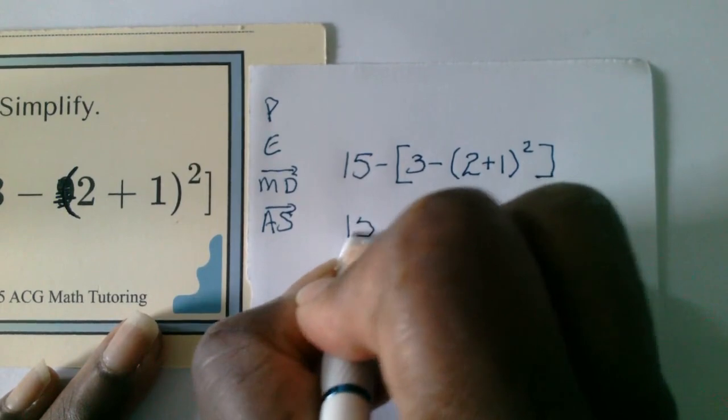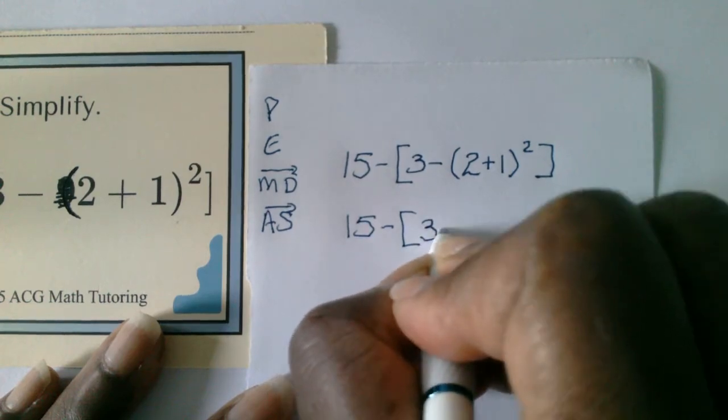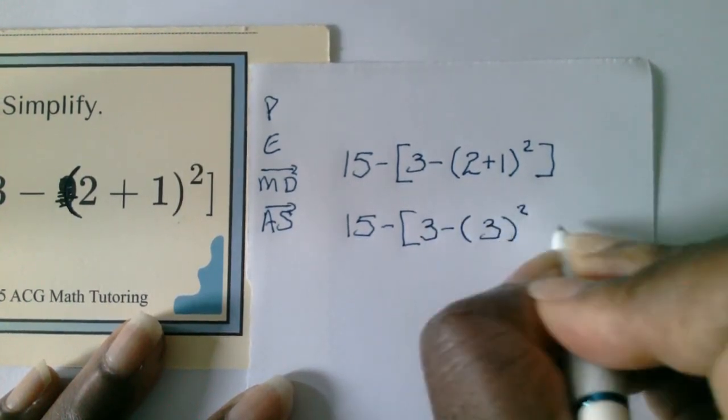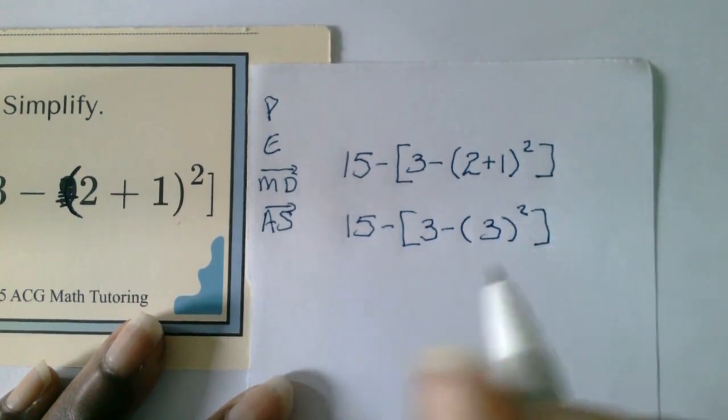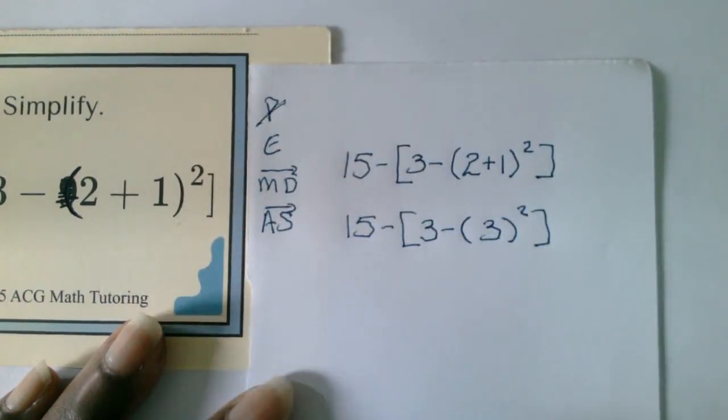So we have our 15 minus, we have our bracket, 3 minus 3 squared. Now that we took care of the parenthesis, now we need the exponent.